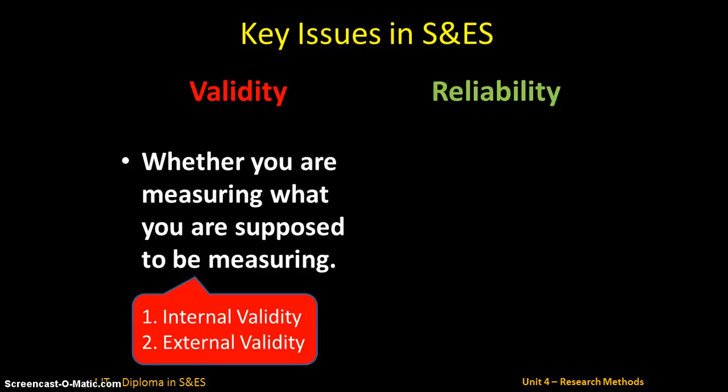Internal validity considers, have you controlled all the variables during your experiment so that you can be sure what you're measuring is what you should be measuring? For example, if you were doing an experiment to consider the effect of mental rehearsal on free throw shooting in basketball, and some of your subjects, when they were taking their shots, had an audience present, so people watching, and some didn't.